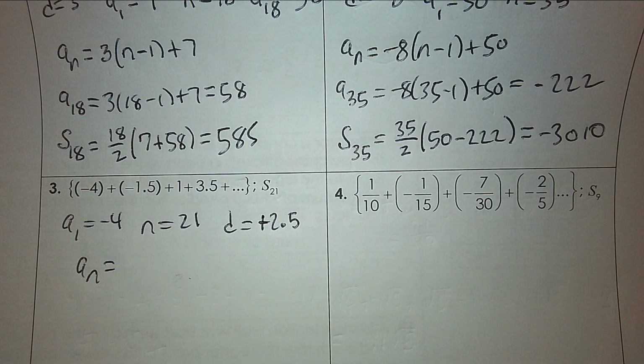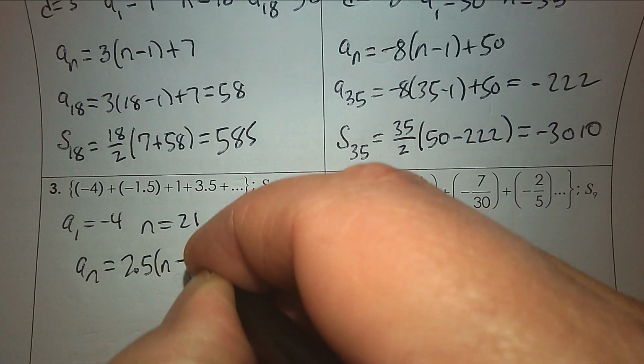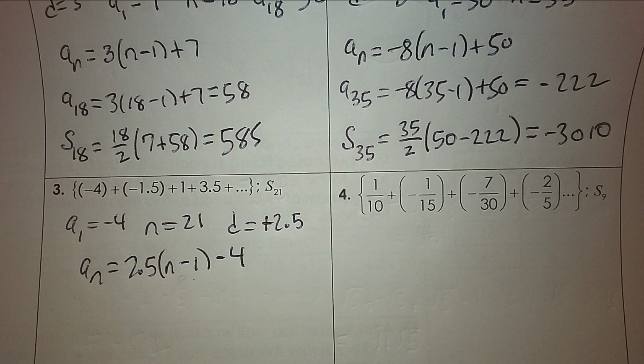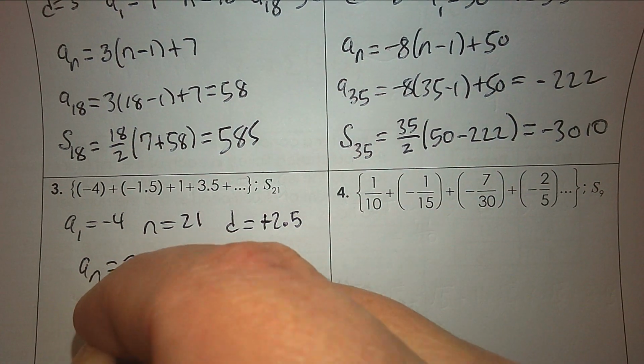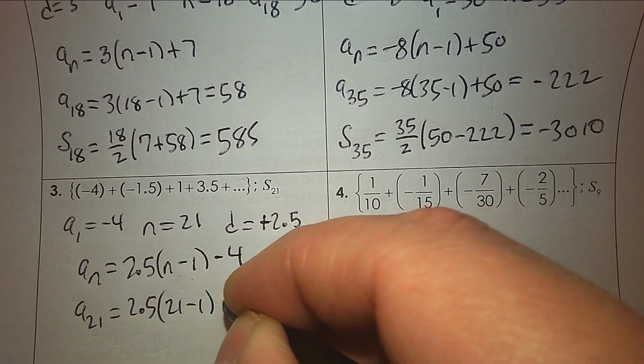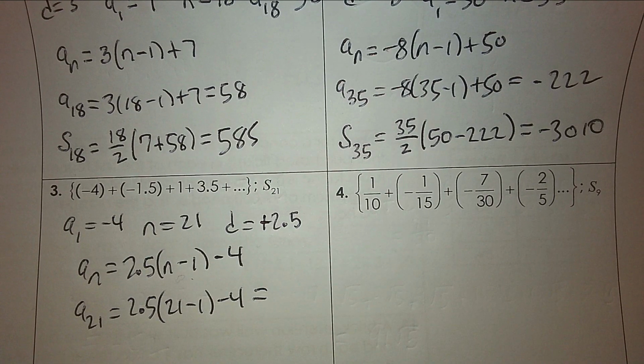So I need a rule. The more you practice, the quicker the rule is to write down. So the common difference is 2.5, and it's n minus 1, and the first term was -4. Then I need to find the 21st term. So you'd use your calculator to find the 21st term.